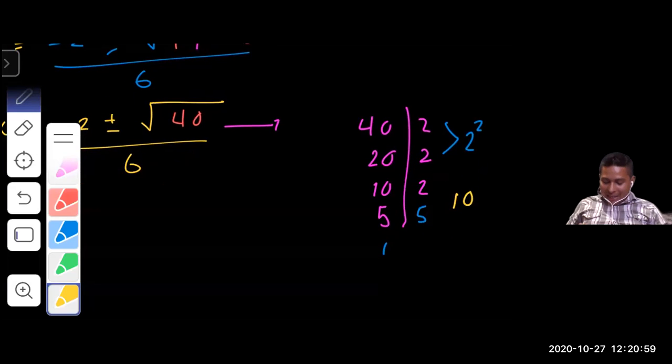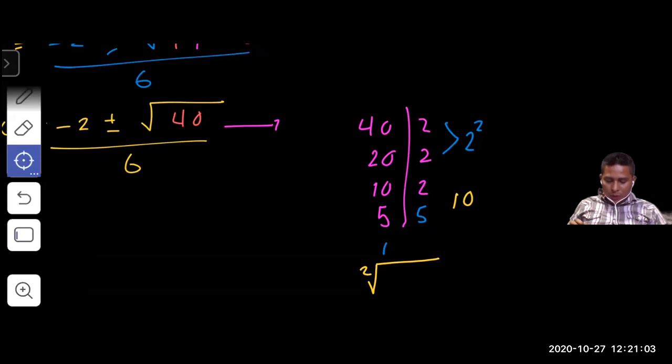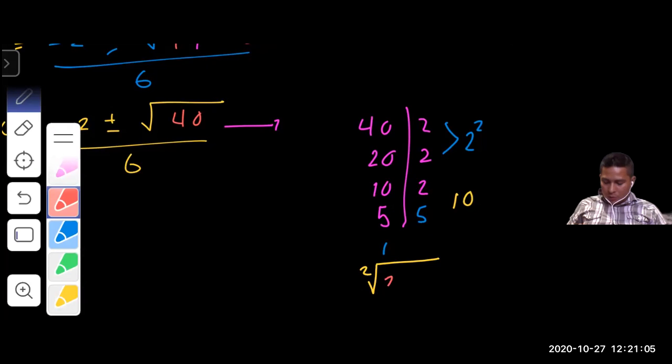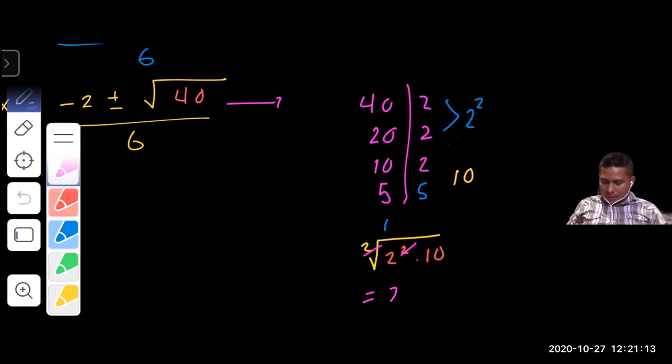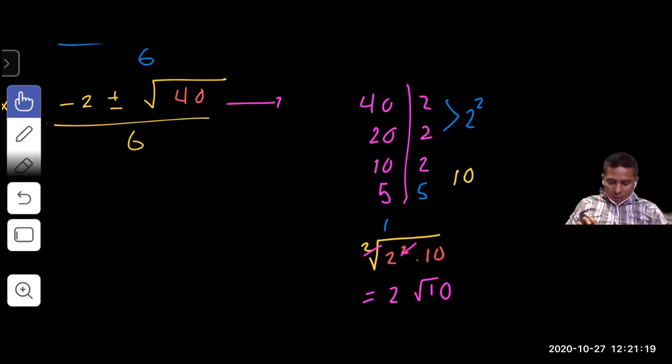The square root of 40 I can rewrite as 2 squared times 10. According to my property, the 2 squared cancels, just the 2, not the radical per se. So 2 square root of 10. The square root of 40 is equivalent to 2 square root of 10.